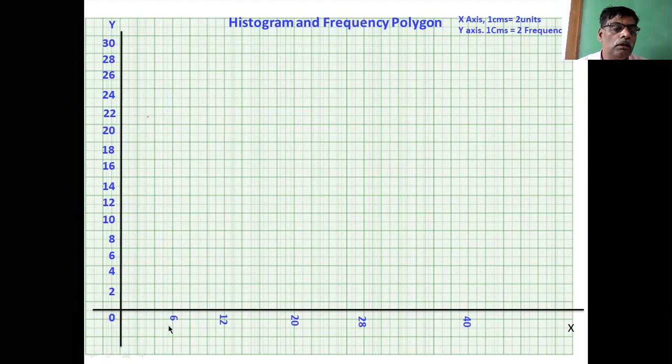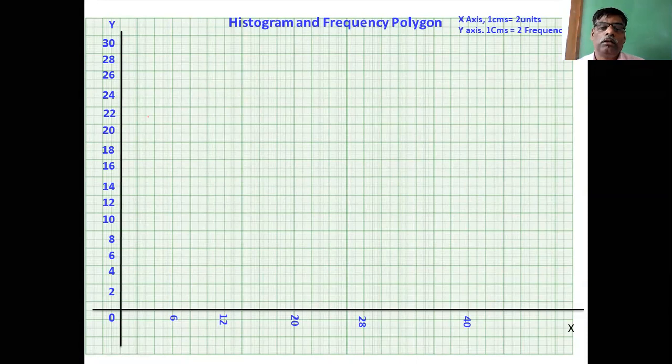So 6 units is equal to 3 centimeters, and 8 units means 4 centimeters. Class 0 to 6 is 3 centimeters, 6 to 12 is 3 centimeters, 12 to 20 is 4 centimeters, since 8 is the unit.